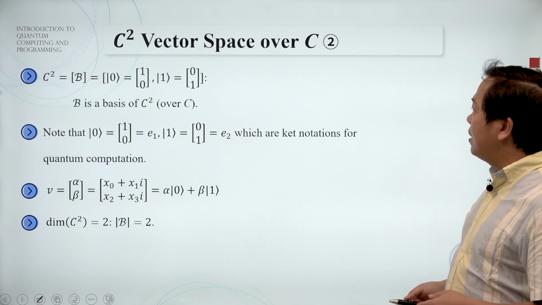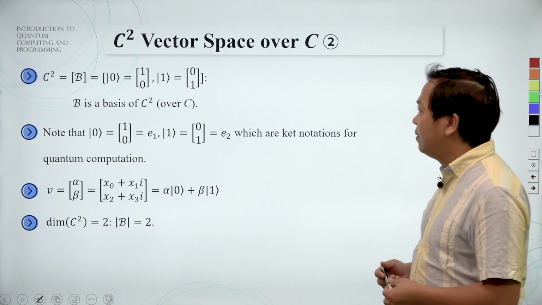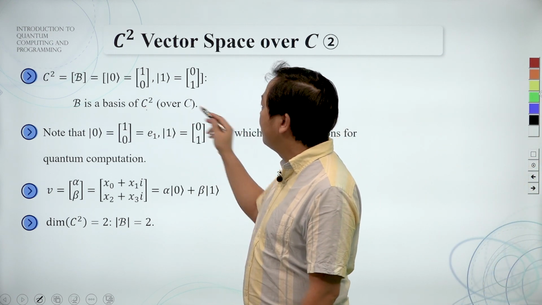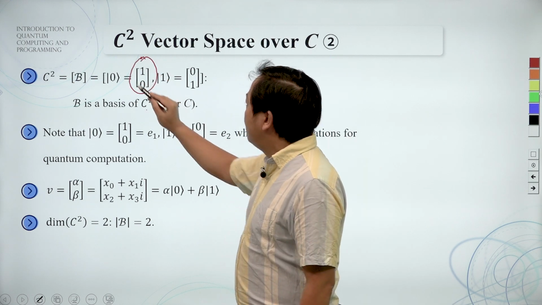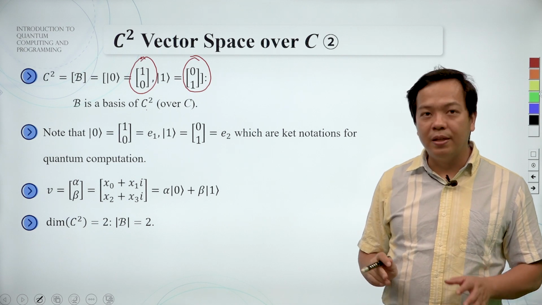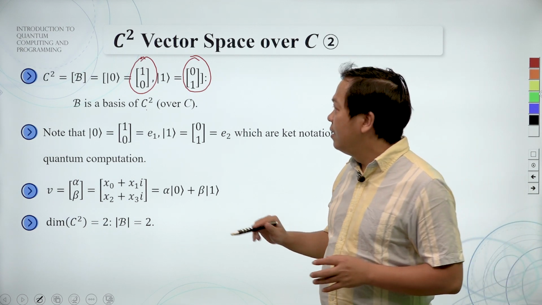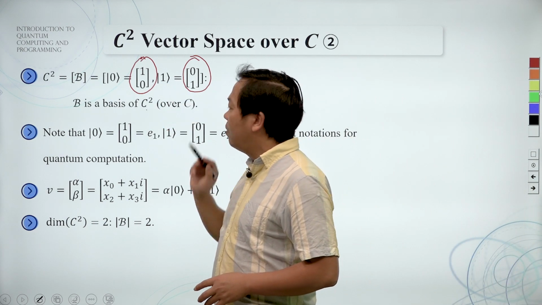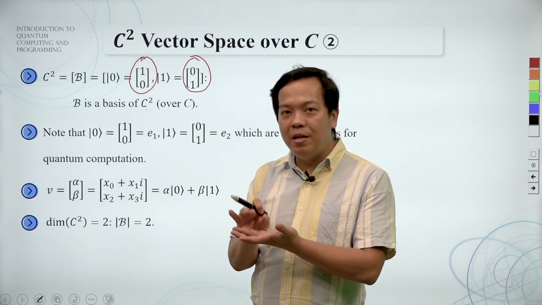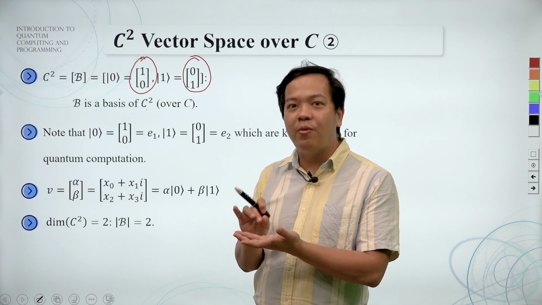The vector space is similar. We have the basis for the vector space, (1, 0) and (0, 1). But here we have a special thing. Remember, this basis is called 0 and 1. It is called a qubit. That is the basis representation in quantum computing.